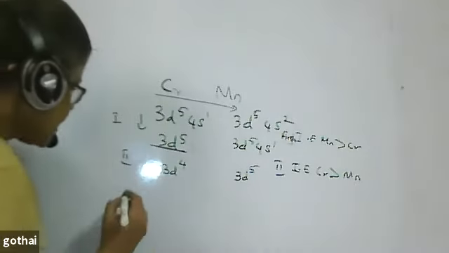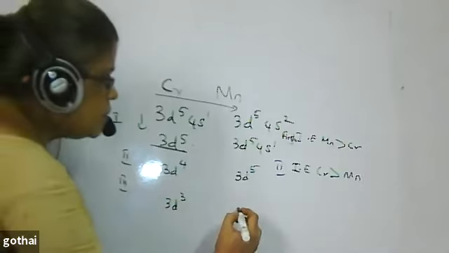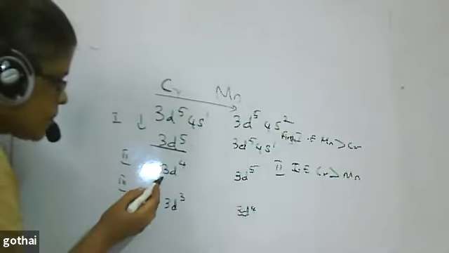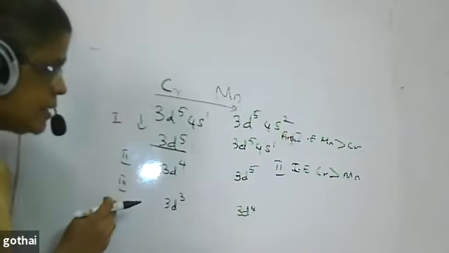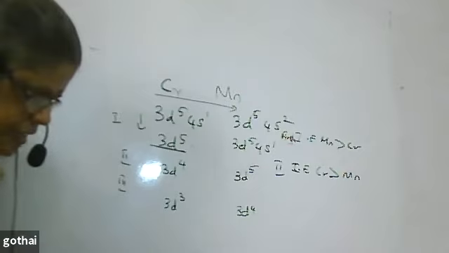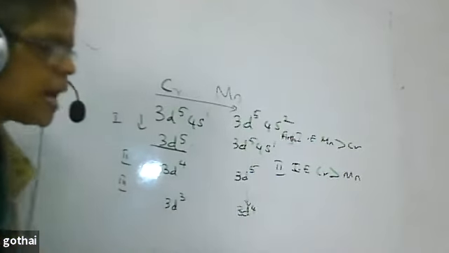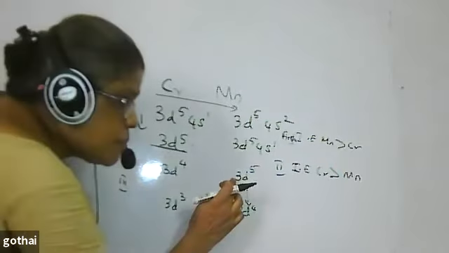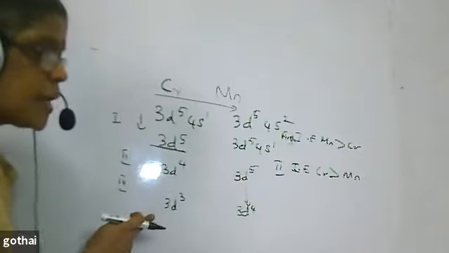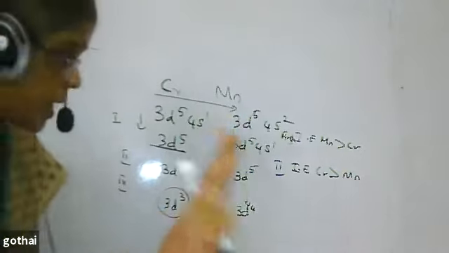If I go for the third, this will come to 3d3 and this will go from 3d5 to 3d4. The third ionization enthalpy of chromium is higher because it is moving from stable to unstable. Removal of an electron from a stable configuration is very difficult, whereas manganese is ready to lose one electron. 3d3 is also a stable configuration, why and how I will teach you.